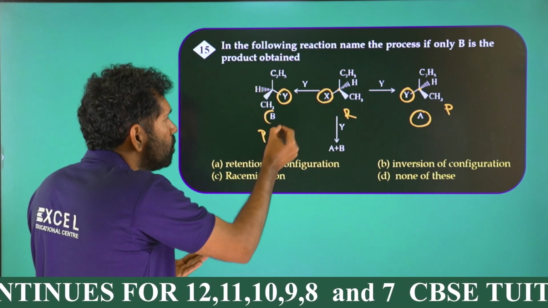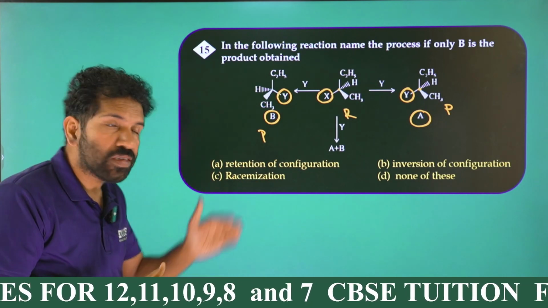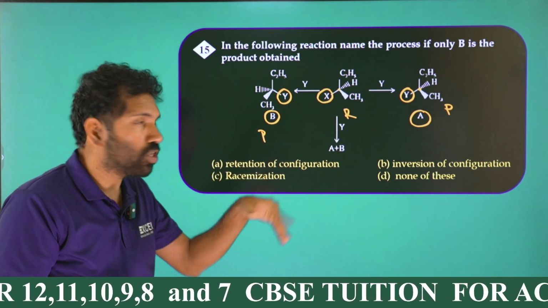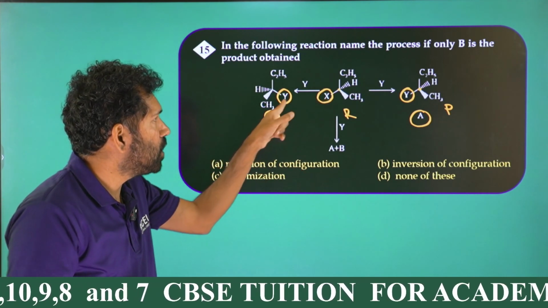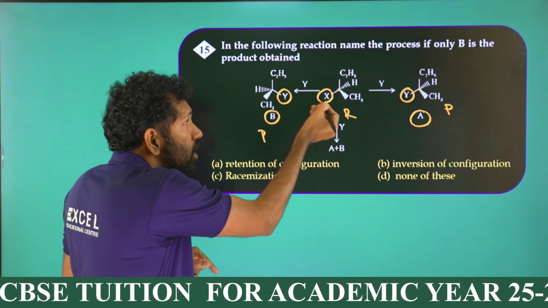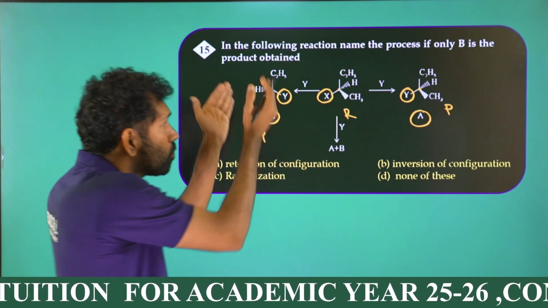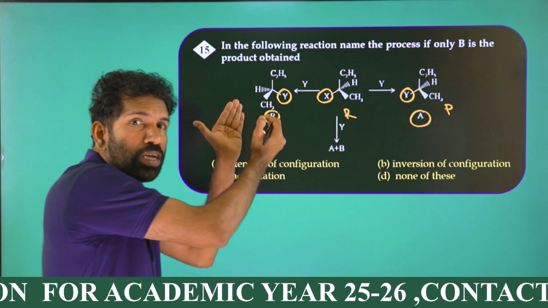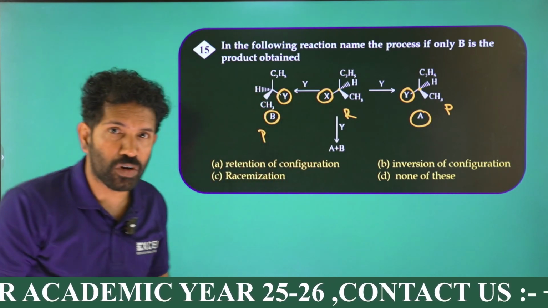So if product B is generated, it involves inversion of configuration. You can see X here, and if I keep this Y as X over here, it will be just like a mirror image. So this one involves inversion of configuration.